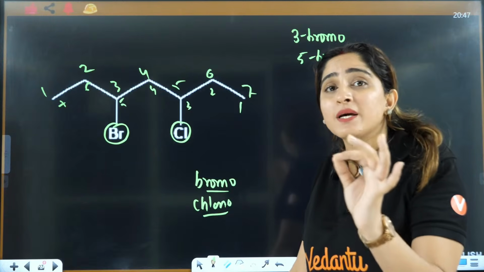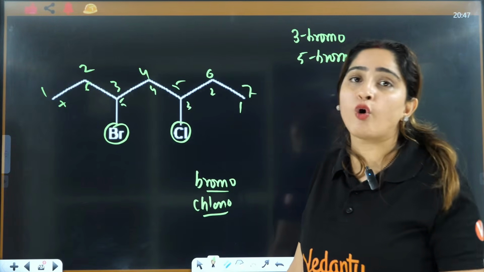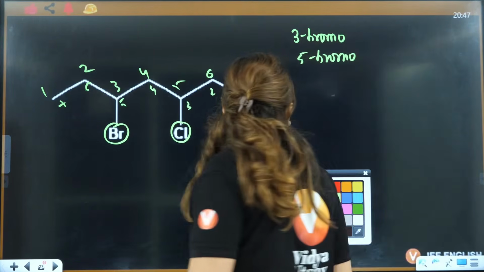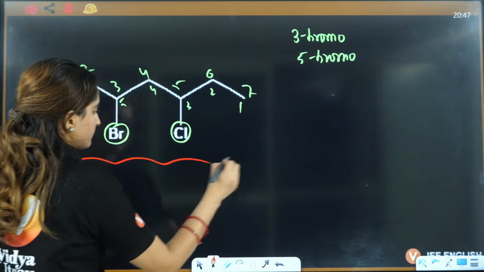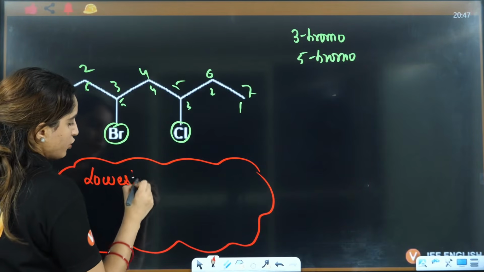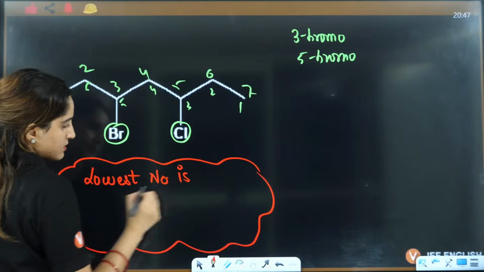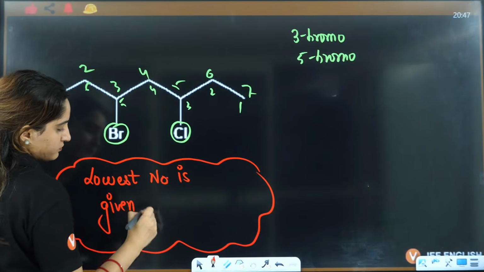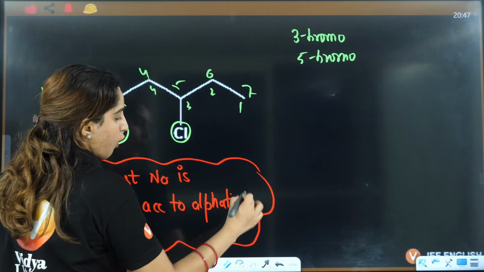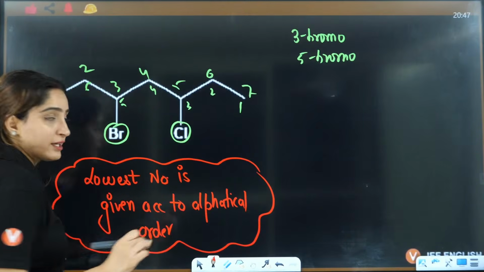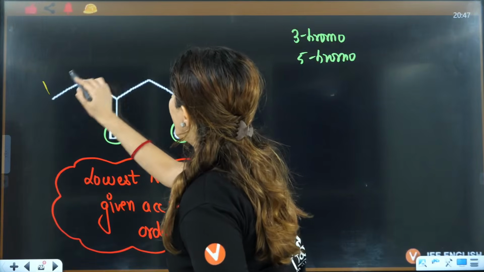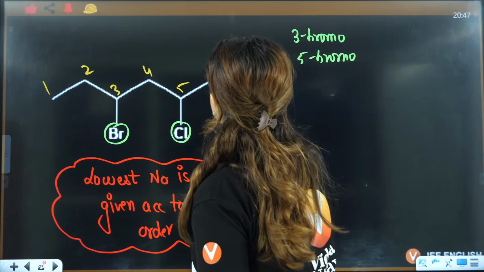So the lowest number is given according to alphabetical order. We know that B comes first, so you will write here: lowest number is given according to alphabetical order. What is the alphabetical order? According to that it will be given. So you will choose this 1, 2, 3, 4, 5, 6, 7.